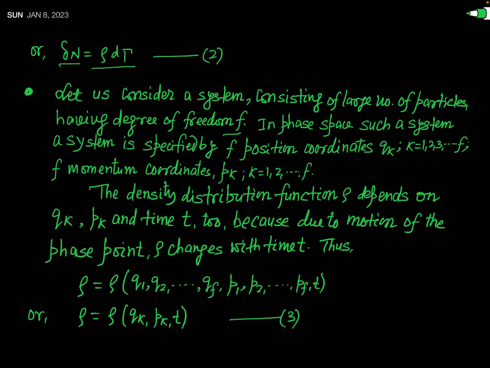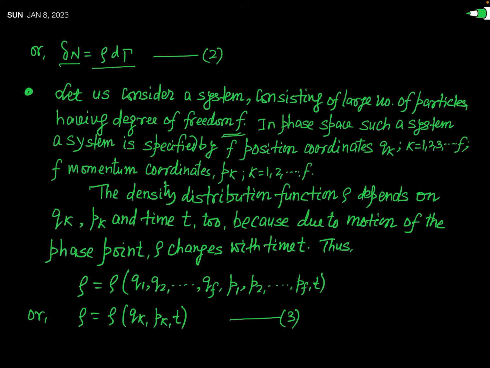As you know from classical mechanics, if a system of particles has f degrees of freedom, then to deal with the state of the system, we need f independent position coordinates and f momentum coordinates to describe the state of the system in phase space.